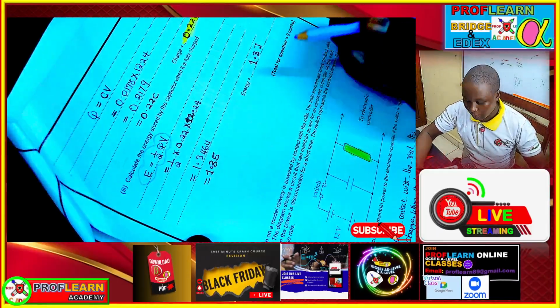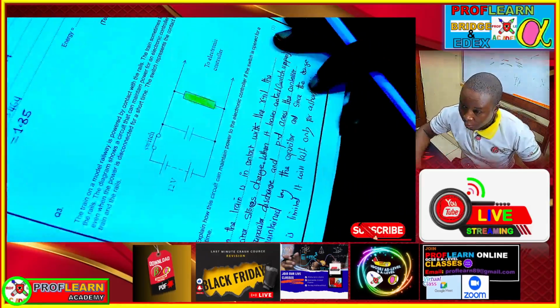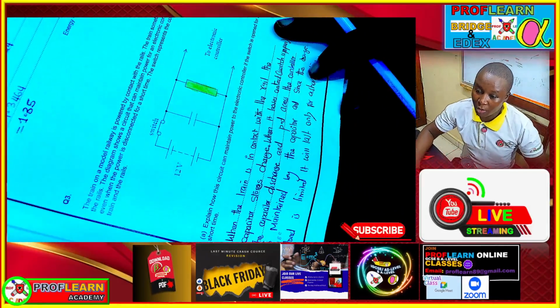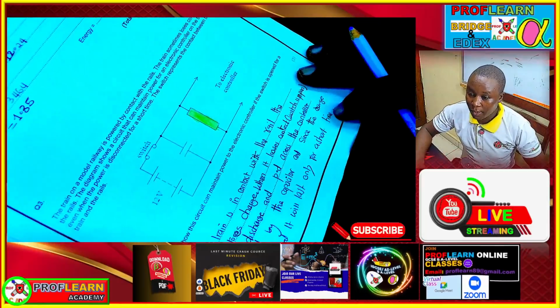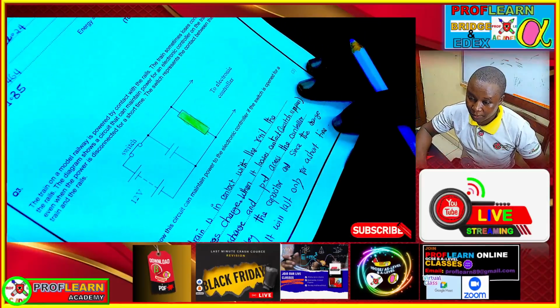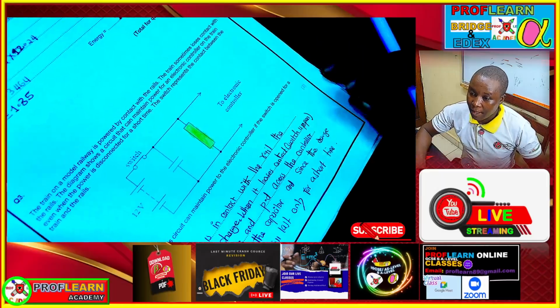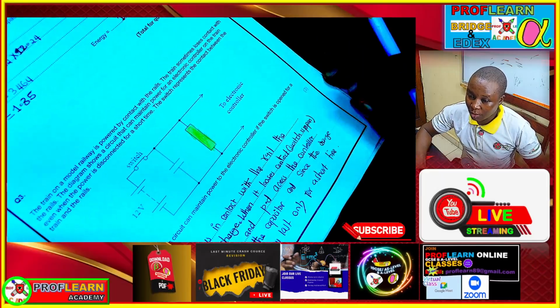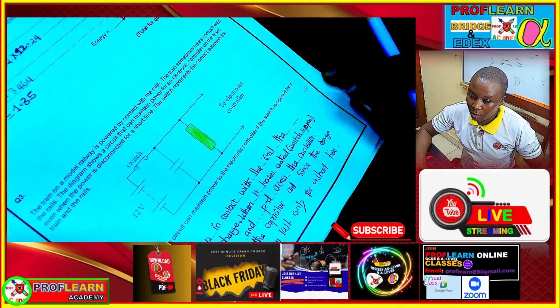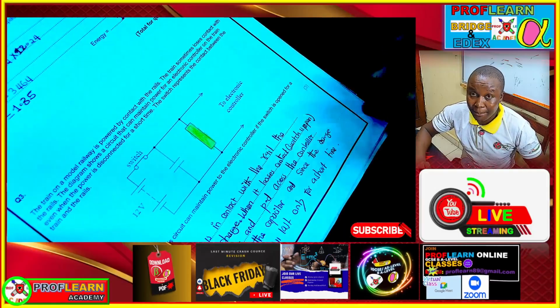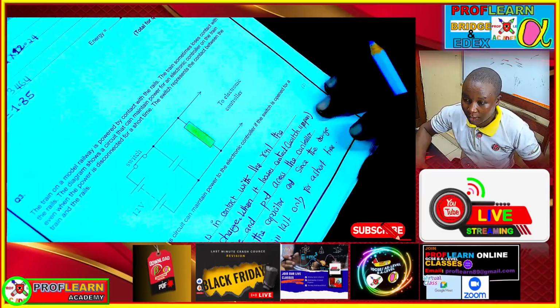A train on a model railway is powered by contact with the rails, and the train sometimes loses contact with the rails, and the diagram shows the circuit that can mitigate that loss of contact.